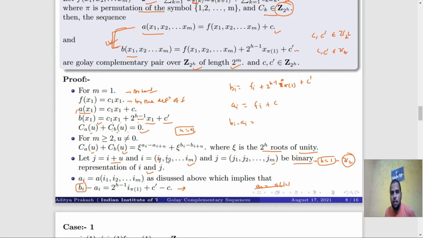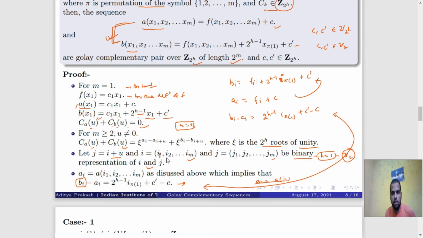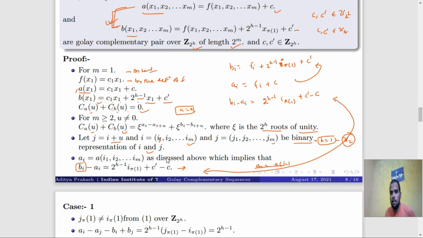Simply subtract: this term separates from this, and you get 2 to the power h minus 1 times pi 1 plus c dash minus c. This term comes from the assumption, whatever I am assuming to prove.